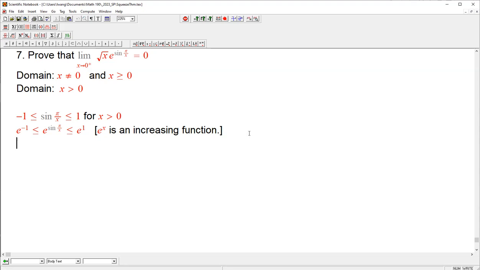And next, we're gradually moving towards multiplying by square root of x. x is positive, so square root of x is positive.